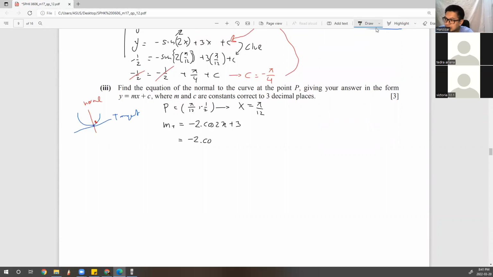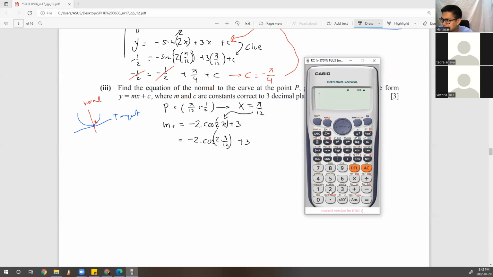Negative 2 cos pi over 6 plus 3. If I make it fast, it's too fast and it might not be understood. Just insert the x by pi over 12. You can use your calculator to find the specific answer. Pi over 6, right? I know you can do it right now.